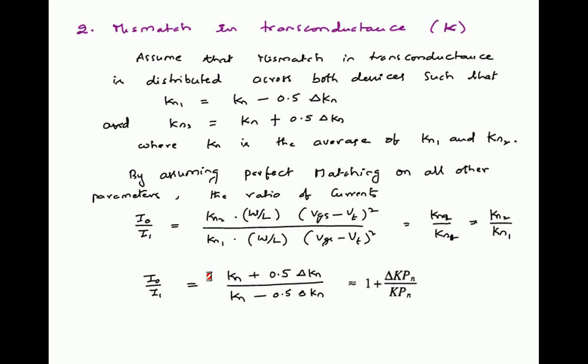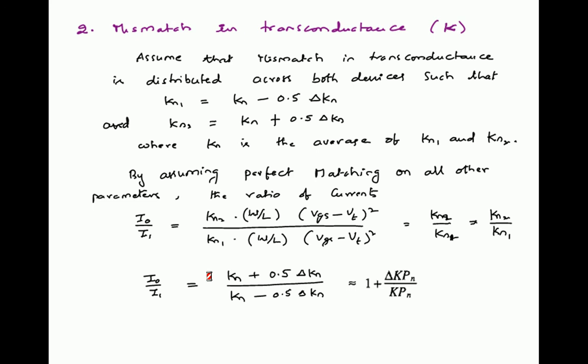The second mismatch is in transconductance, and the transconductance we are considering is the process transconductance, indicated with K. Beta is also considered a transconductance, but that is called the device transconductance. K is called the process transconductance because the value of K totally depends on the process. It is not in the hands of the designer.